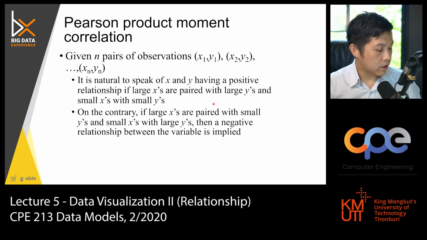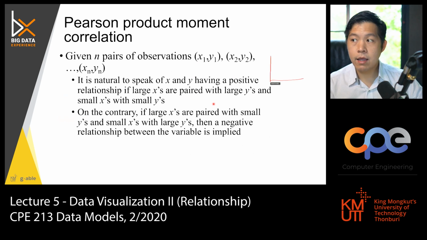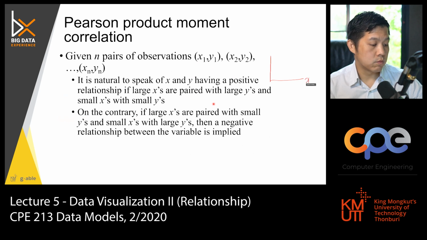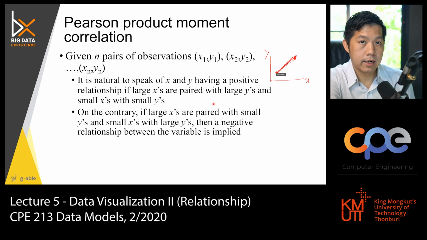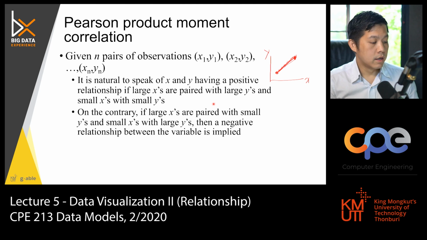So in the picture here, this is x, this is y. Large x pairs with large y, and small x pairs with small y, and so you have an association that looks like a line going up.